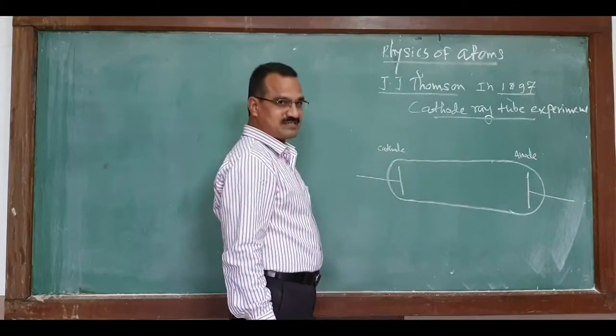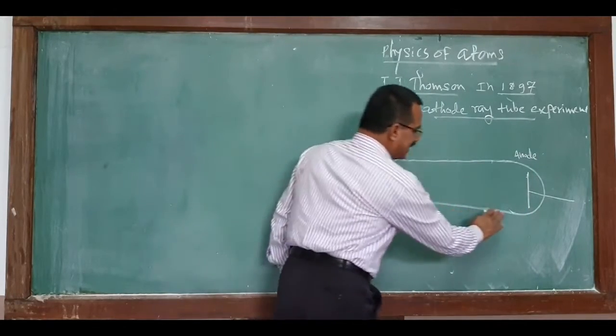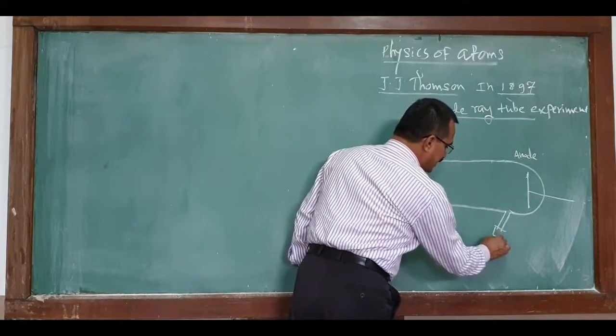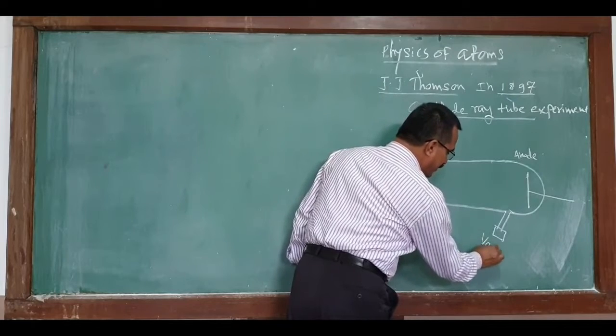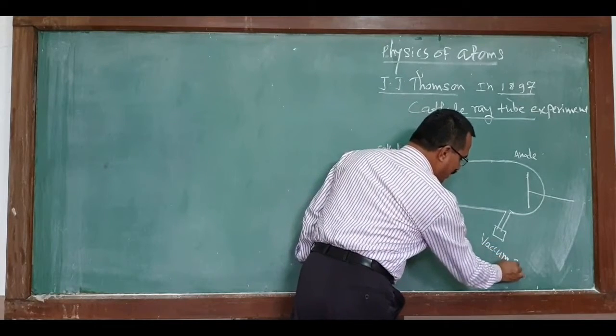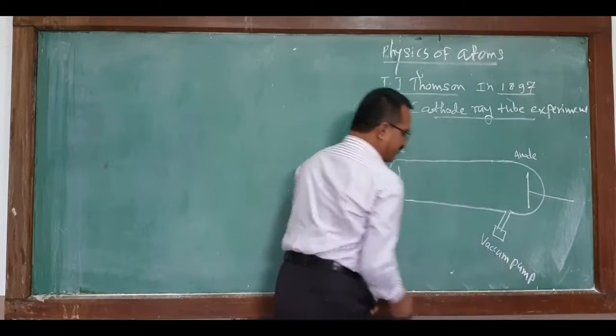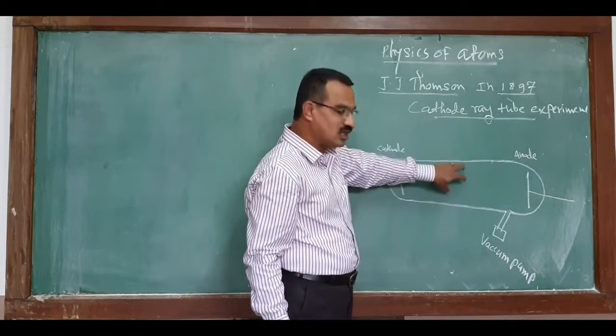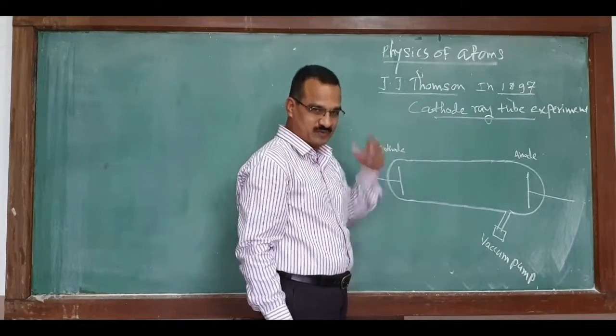In addition to this glass tube, there is an additional tube. It is connected to the vacuum pump. It is useful for adjusting the low pressure inside the tube.